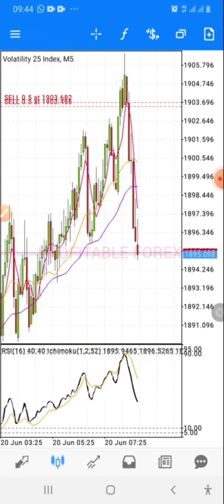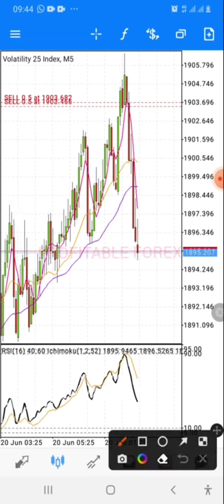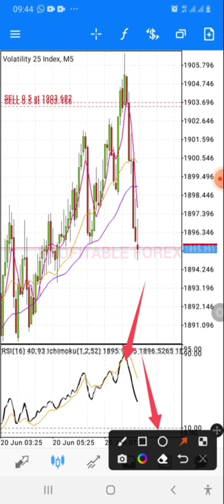Let me show you. We're at the 5 minutes time frame, and you can see that when it was at the overbought level here and you took a sell, it's definitely going to sell down to the oversold level if you hold on to that trade.